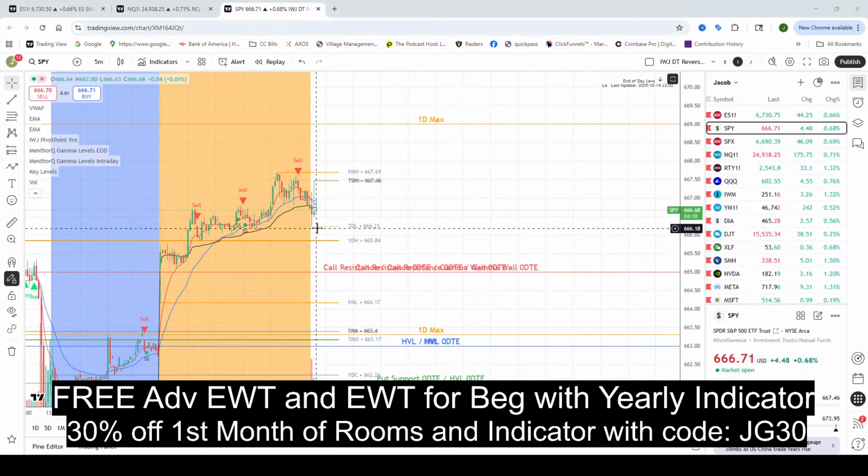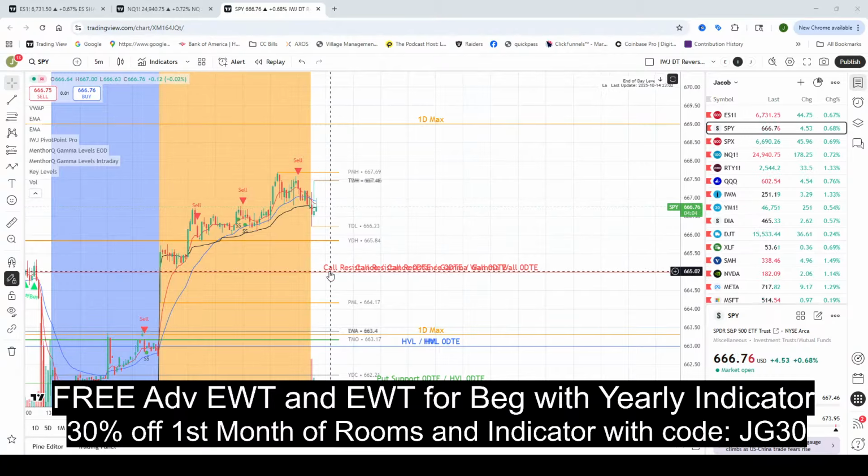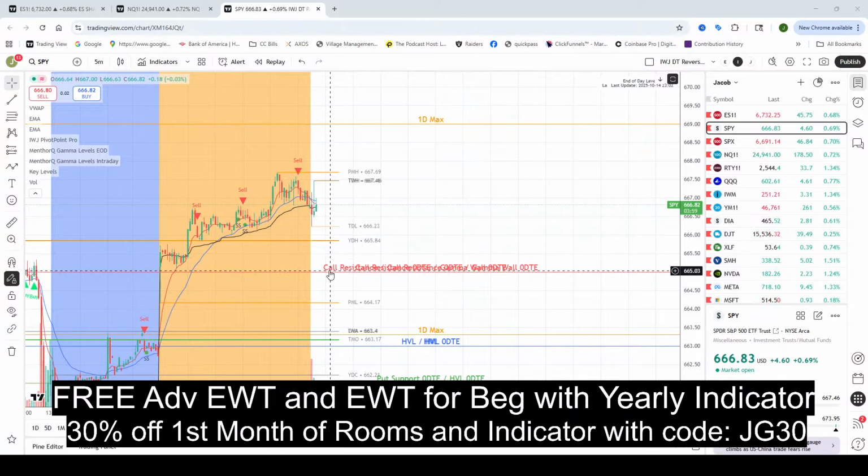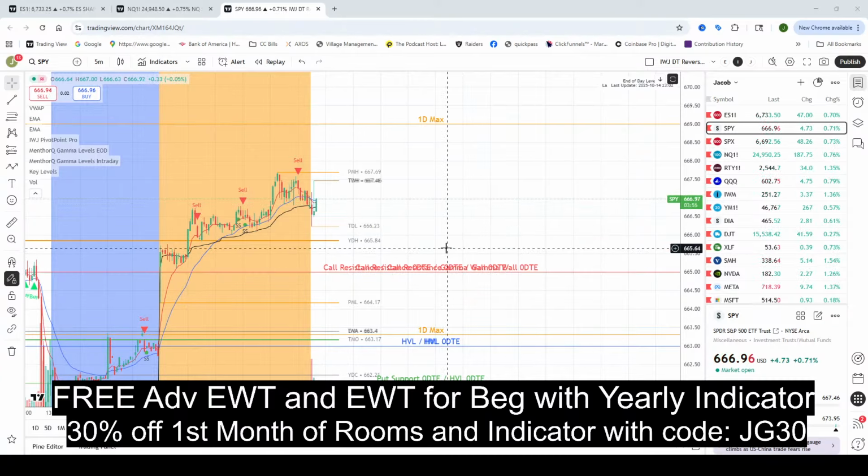If they fail below this low, though, that can open the door at least down to 665, but down to 665.84. If not there, 665 would be next. If we get failure here.